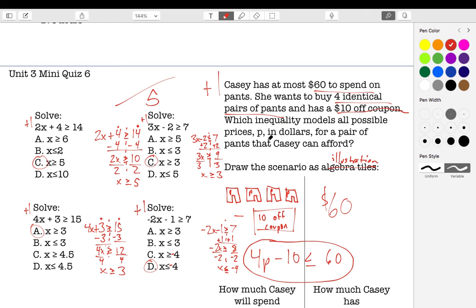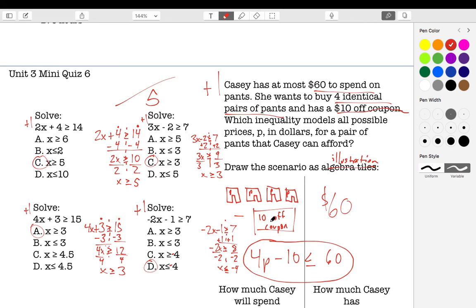Okay. If they put down the equation, but they didn't draw the picture, do a +0 on that because it very clearly wants an illustration. You have to draw it out. So if you just went straight to this equation here, while it is correct, we need the illustration step.